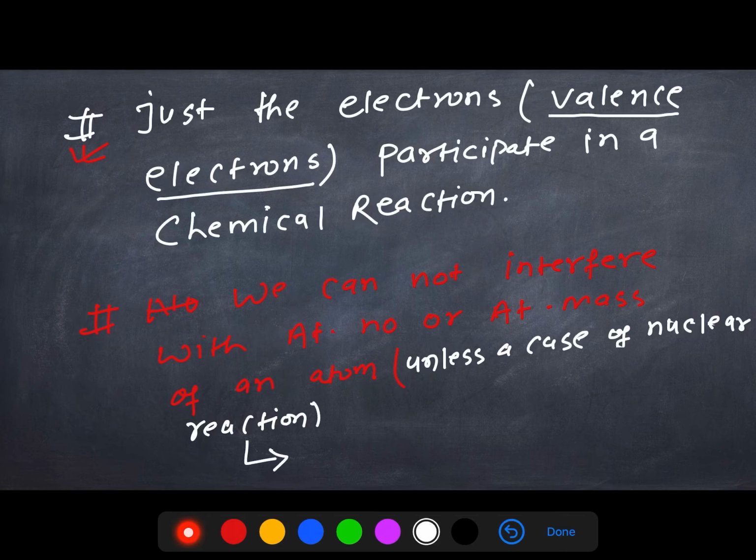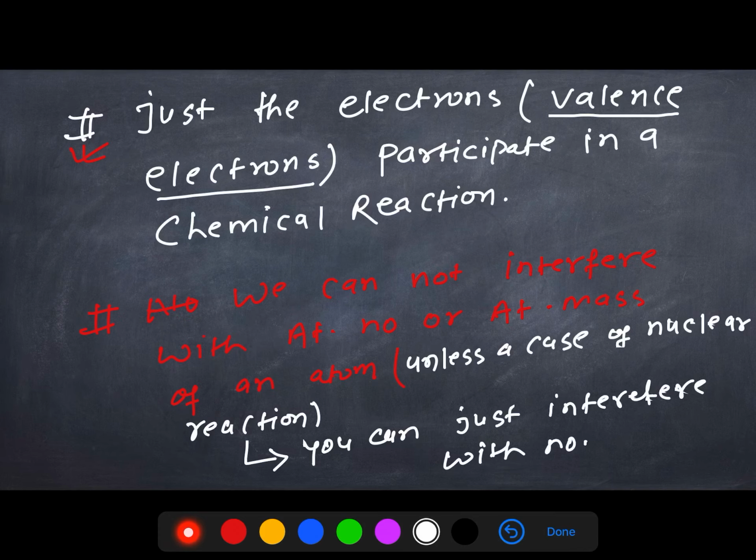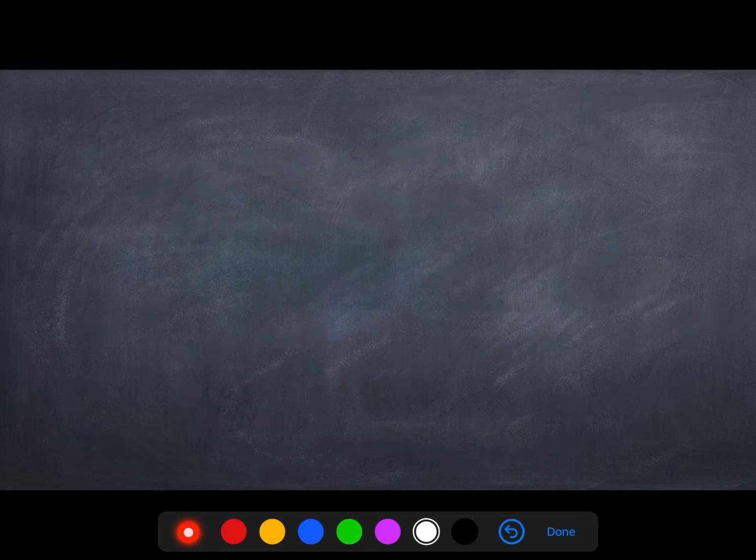So we cannot interfere with the atomic number or atomic mass of an atom during a chemical reaction. All you can do is interfere with the number of electrons. You can change the number of electrons, but you are incapable of changing the number of nucleons. Do keep that in mind, right?